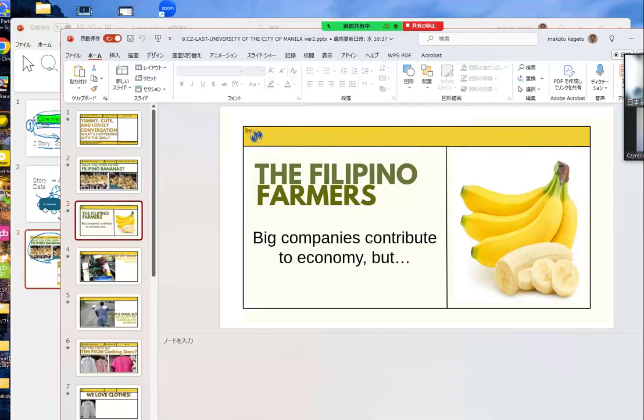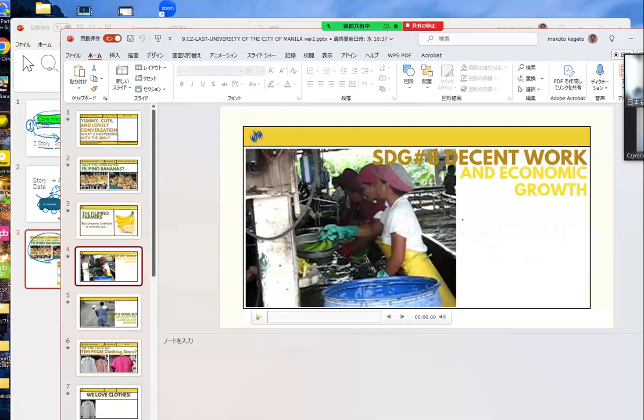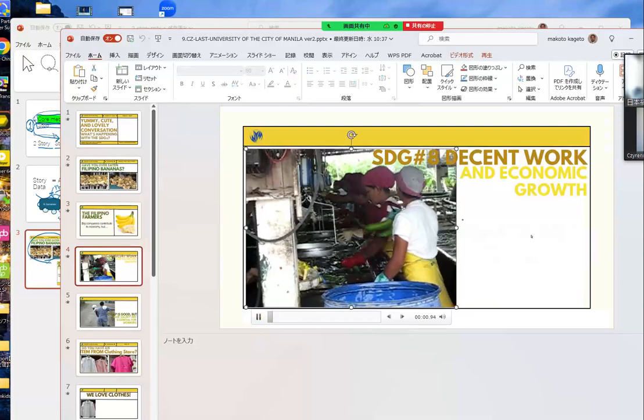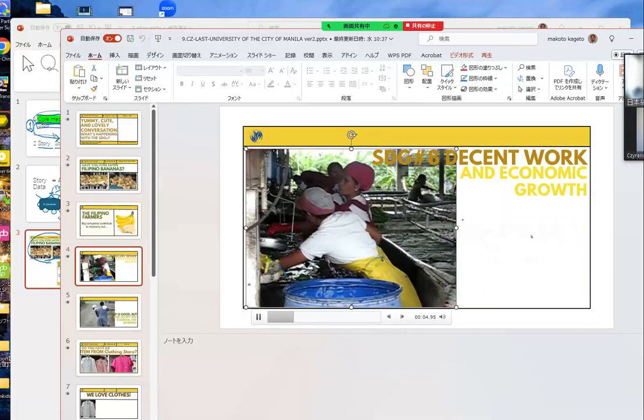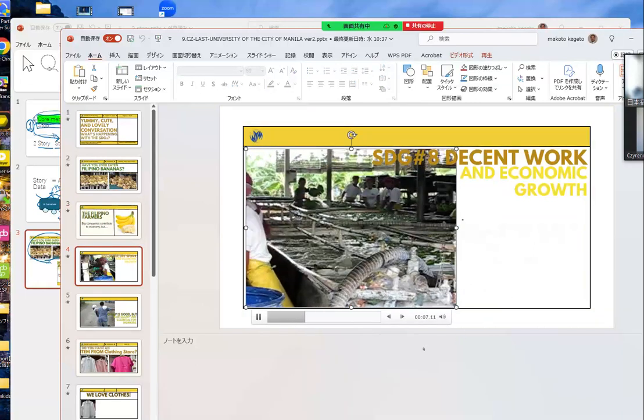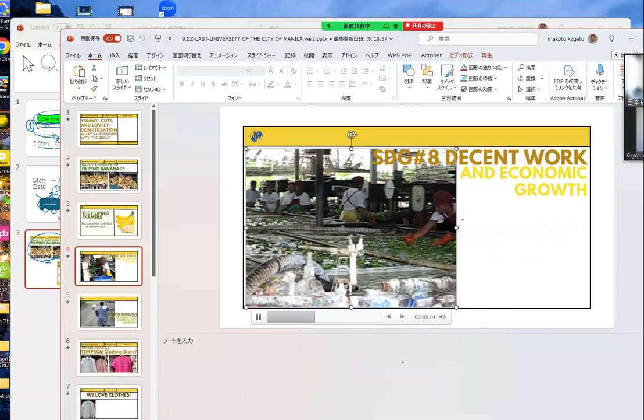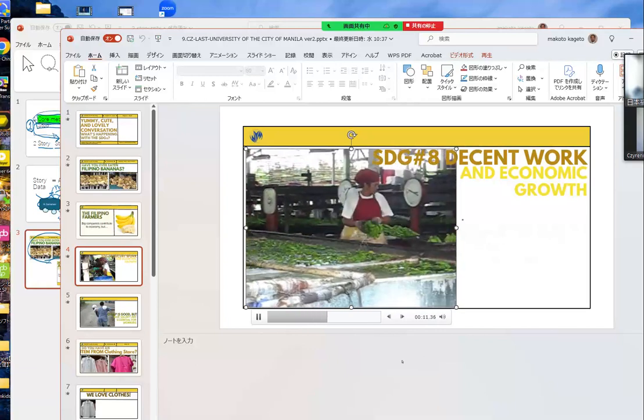Big companies contribute to the economy, but now they are working at the banana factory, right?